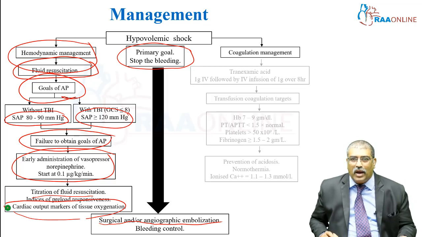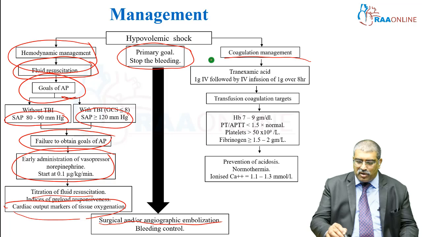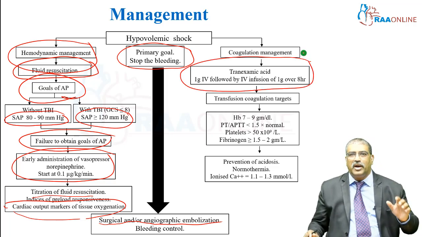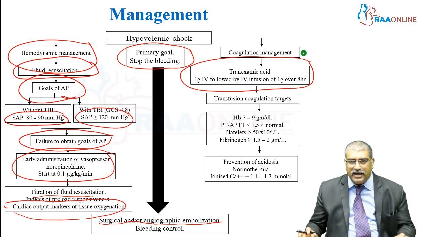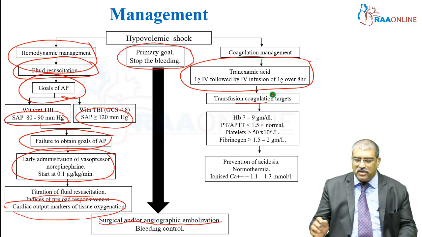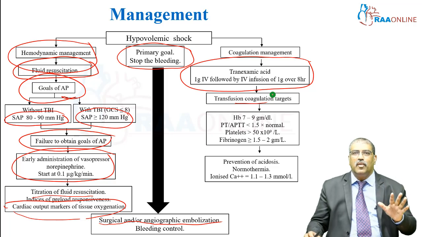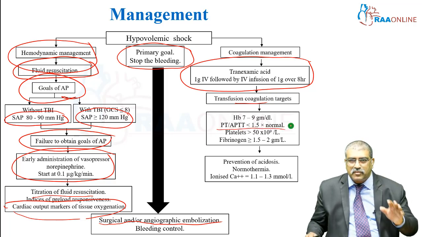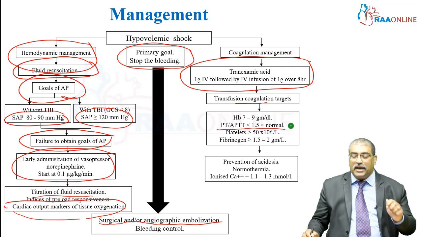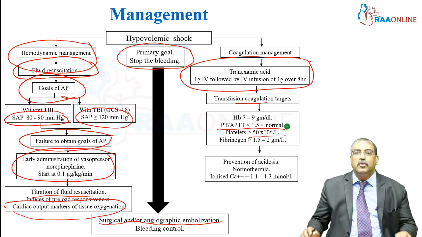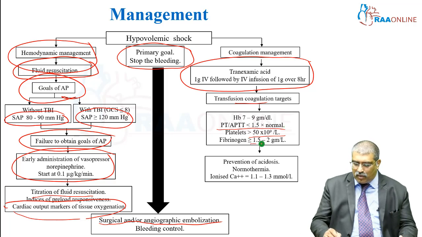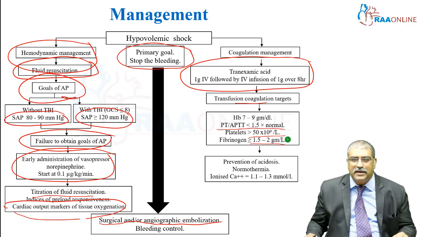Now coming to coagulation management. If bleeding is going to be excessive, try tranexamic acid first, 1 gram IV followed by IV infusion of 1 gram over 8 hours. Your coagulation target is you have to maintain the hemoglobin between 7 to 9. Your PT and PTT should be 1.5 times of normal. Platelet should be more than 50 into 10 power 9 per liter and fibrinogen should be between 1.5 to 2 gram per liter.